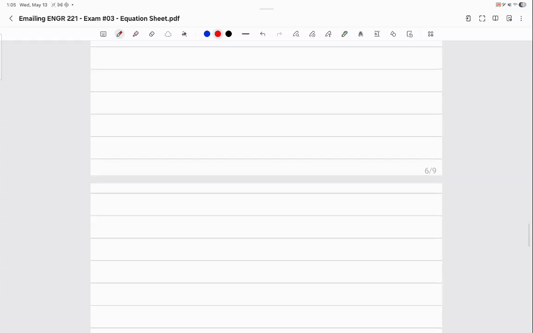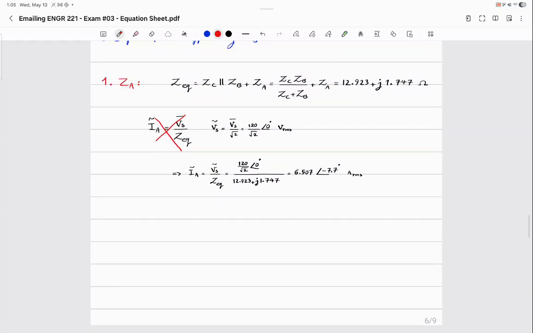Okay? So, first of all, the good advantage of that is that you don't need to calculate voltage. You only have current and impedance, and that's enough. So, let me write the equation.